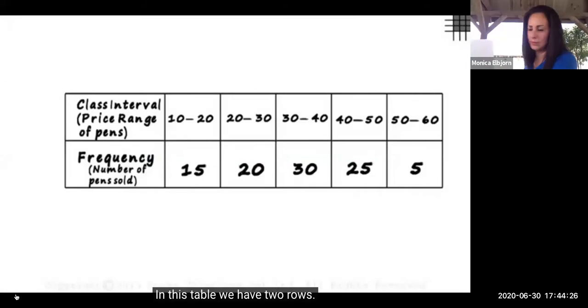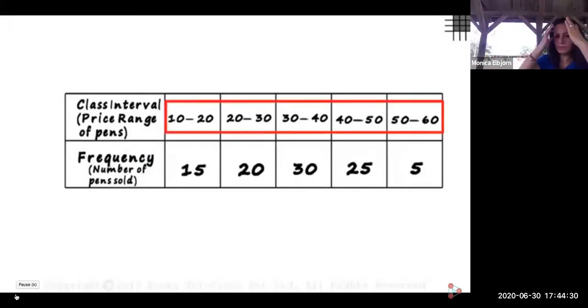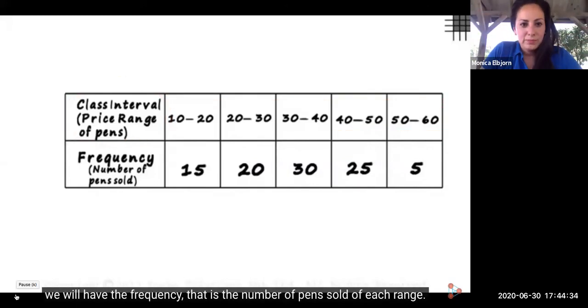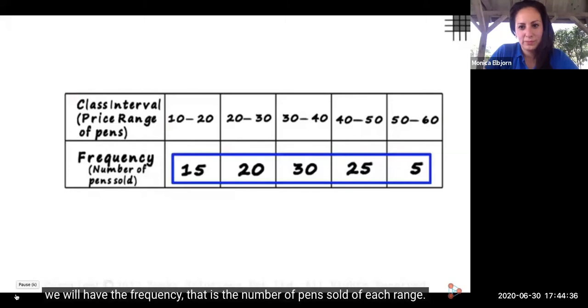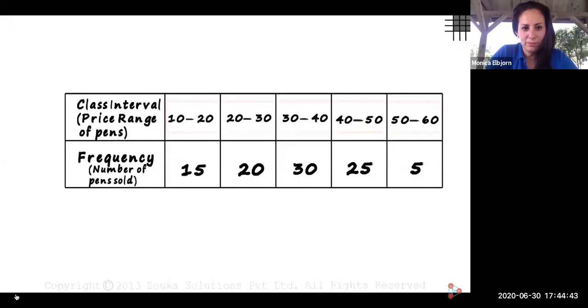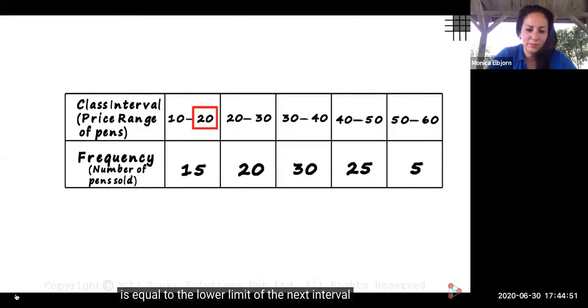In this table, we have 2 rows. In one, we will have the class interval, which will be the price range of pens. And in the second, we will have the frequency, that is the number of pens sold of each range. So these are the different class intervals that are given. The first range is pens that cost between 10 and 20 rupees. We can see that the upper limit of one interval is equal to the lower limit of the next interval, making it continuous.